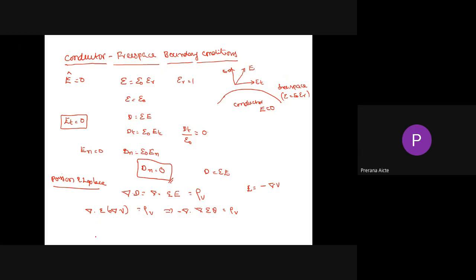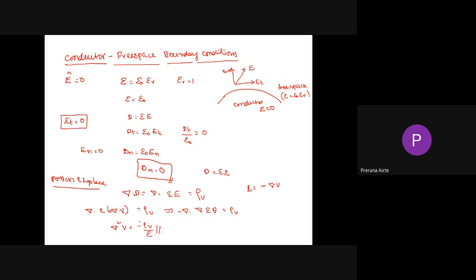So del square V is equal to minus rho V divided by epsilon. This is the Poisson equation.